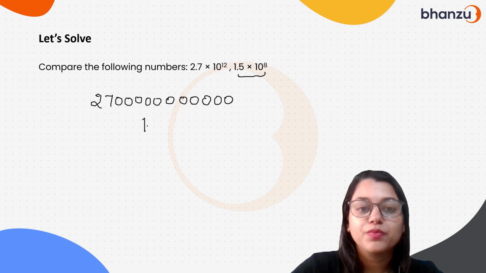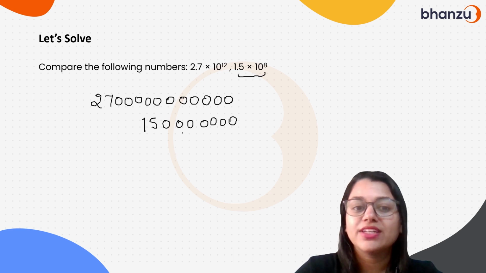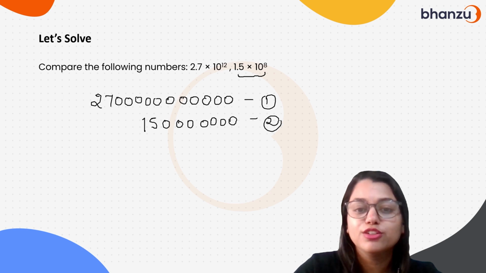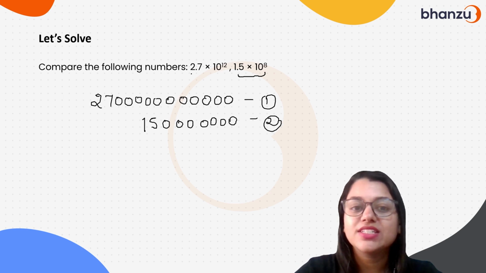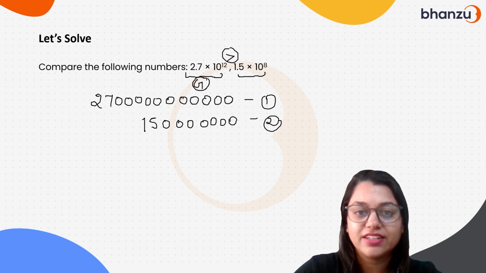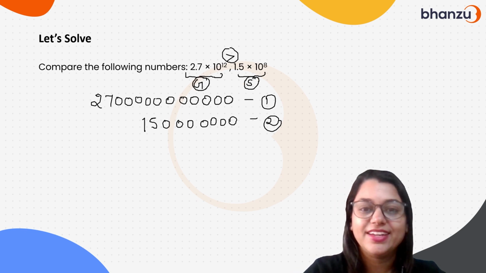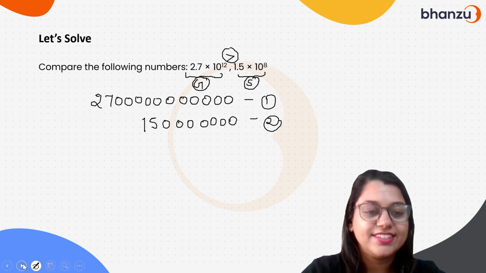So it will be 1, 5 and then 7 zeros: 1, 2, 3, 4, 5, 6, 7. Students, you can clearly see that number 1 is greater than number 2. So we will say 2.7 into 10 raised to the power 12 is greater than 1.5 into 10 raised to the power 8. This will be the greater number and this will be the smaller number. Great. Let us see the next question.